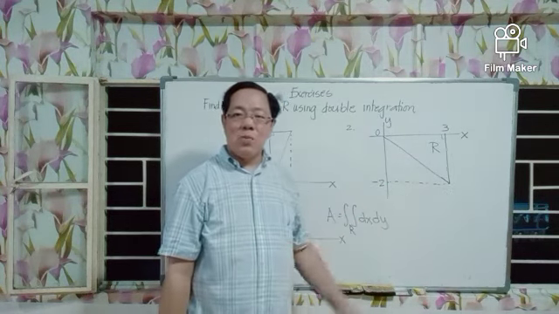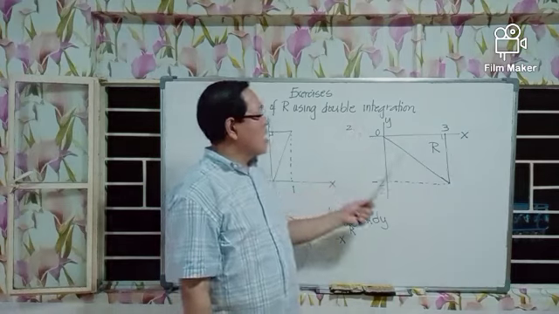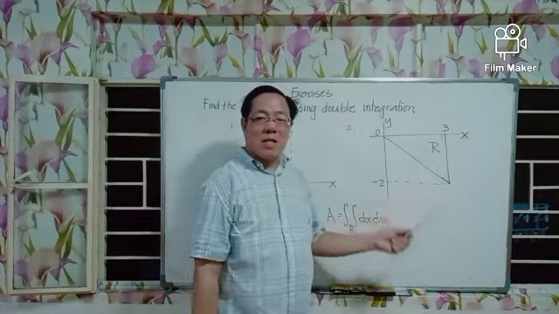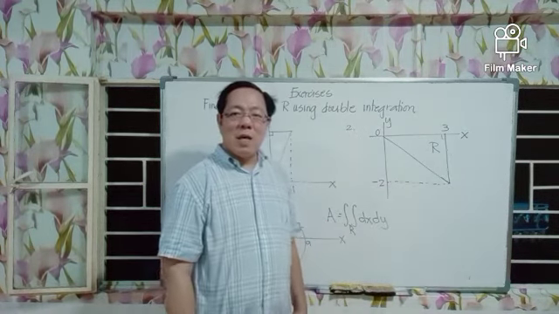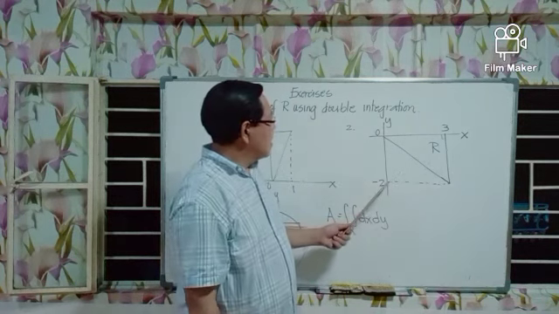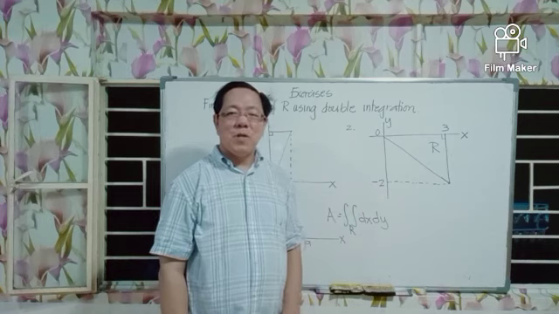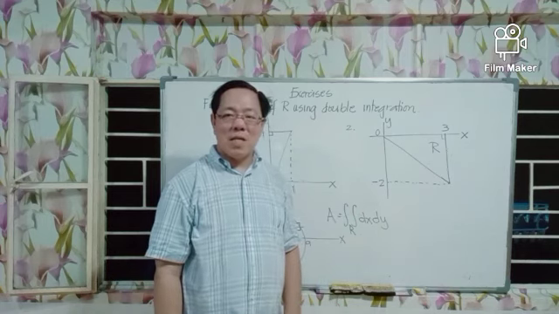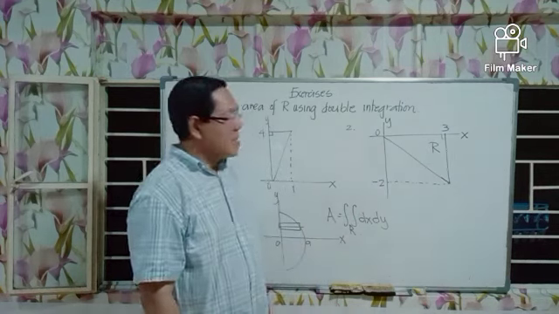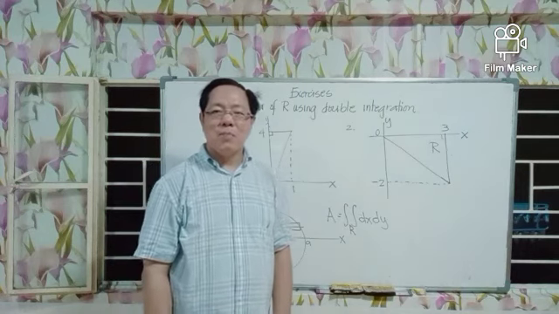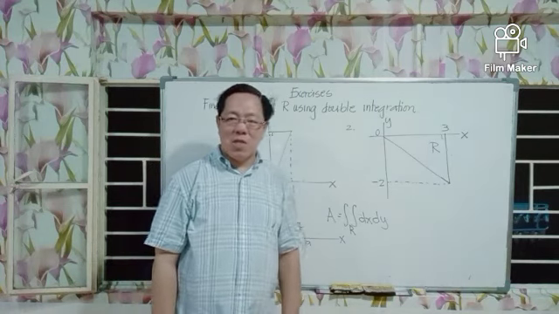But when you use double integration to find the area of this right triangle, you take the values negative 2 and 3 as they are. You take negative 2 as it is when you set the limits of integration, and 3 as it is when you also set the limits of integration.